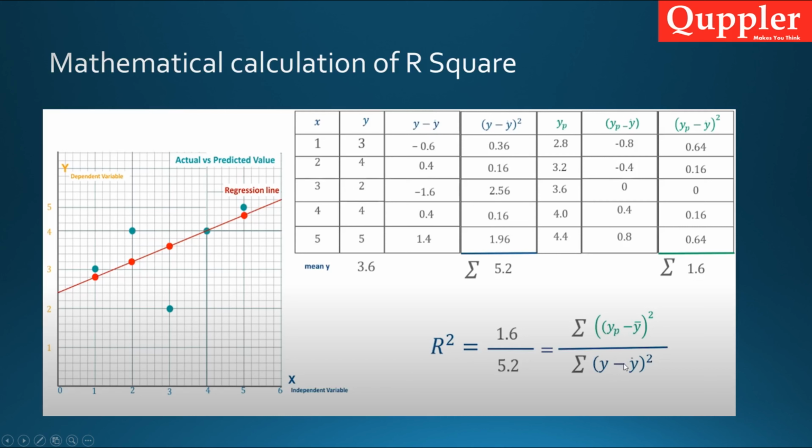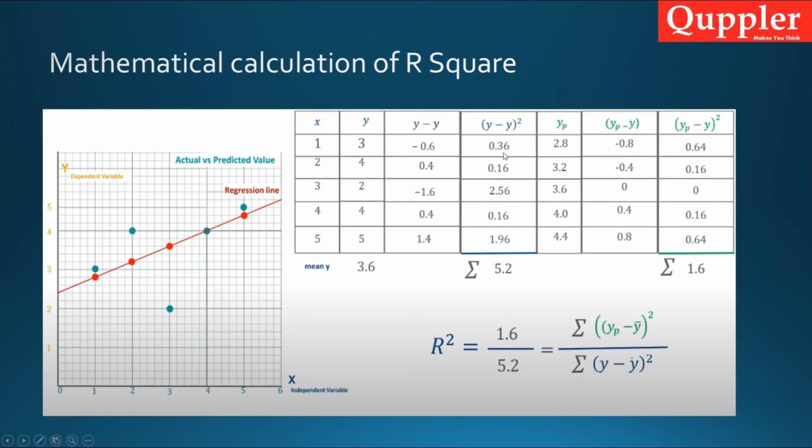Now we need to do a whole square of it. So minus 0.6 whole square is 0.36. Similarly for 0.4 it is 0.16, and so on. We find it for the other data points, and once we have it, we do a summation of it.